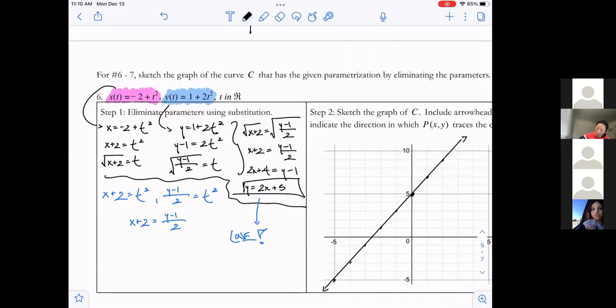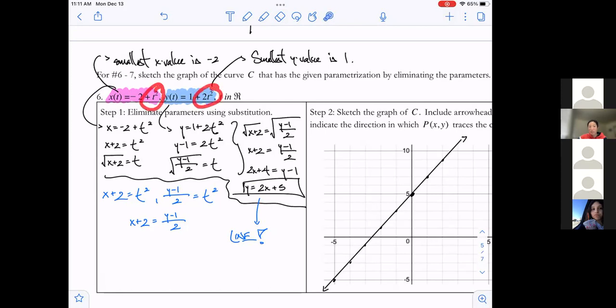Let's write down these values. Ooh, smallest x value is -2. Smallest y value is 1. How did we get 1? I think we could say by similar reasoning, right? The smallest this can be is 0. So 1 plus 0 is going to give us that bottom bound, okay?